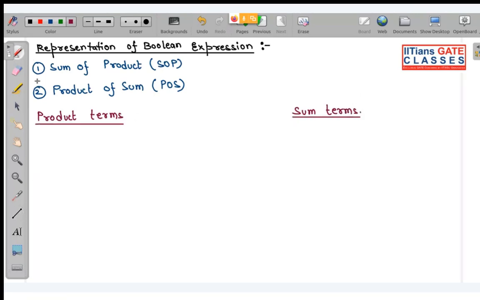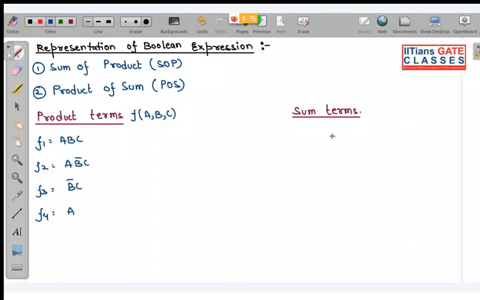So a product term, if it is 3 variable, I am talking about if the functions are a, b, c, it consists of 3 variables. So product terms can be like this, or it can be simply b complement c, or it can be even a single term. So these are your product terms.